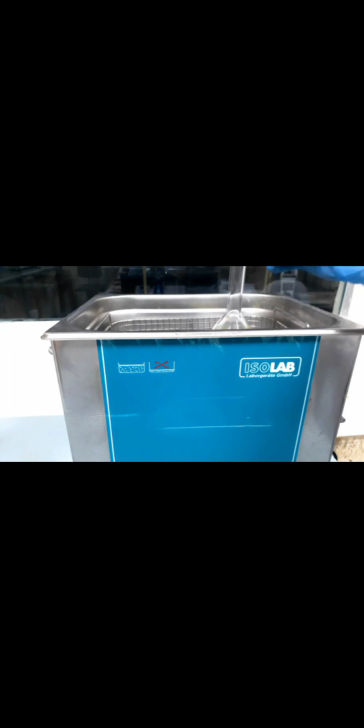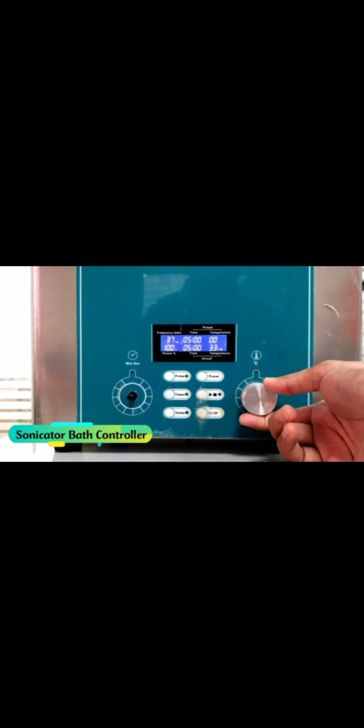Ultrasonicator baths. A sonicator makes use of sound in cleaning a sample. It usually comes with a controller which helps to sweep the gas and a pause. The major role of an ultrasonicator bath is sonication of mixtures.